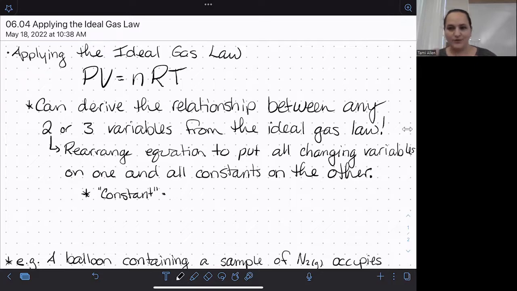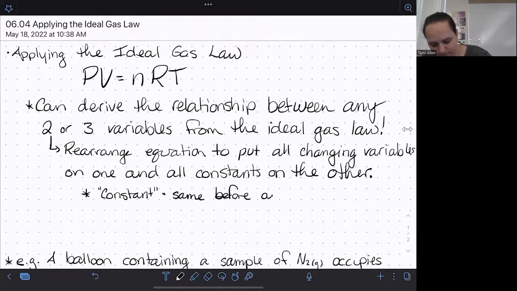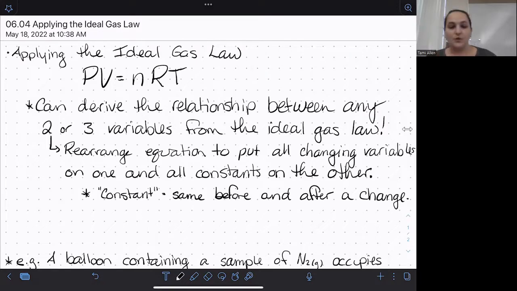It means that pressure times volume is going to be the same before and after you create some change to one of those things. So we can set pressure times volume initial equal to pressure times volume final before and after we've applied some change to this system. I think this makes more sense when we see it in action.